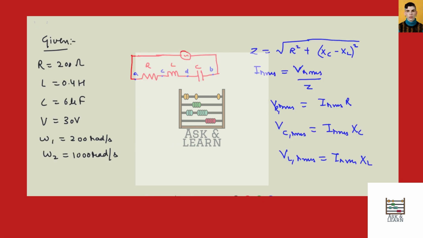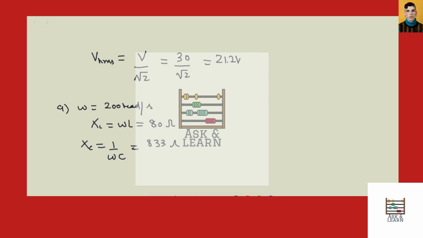We know R, XL and XC, so we can find the impedance. Z comes out to be 779 ohm. Therefore IRMS equals VRMS over Z, which is 21.2 over 779, so this comes out to be 0.0272 ampere.